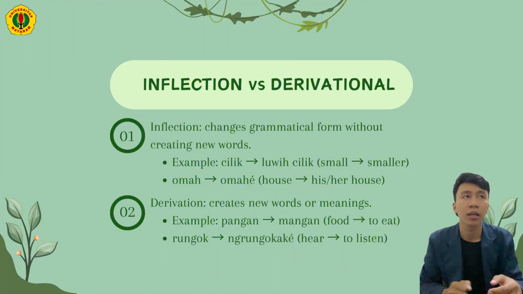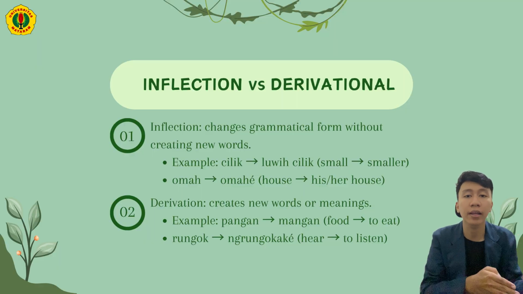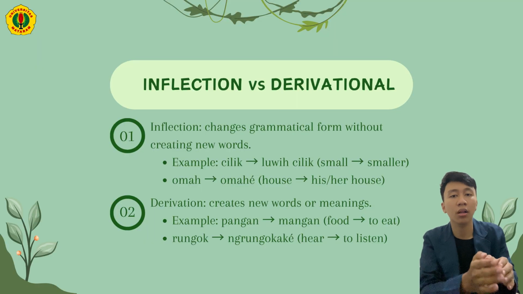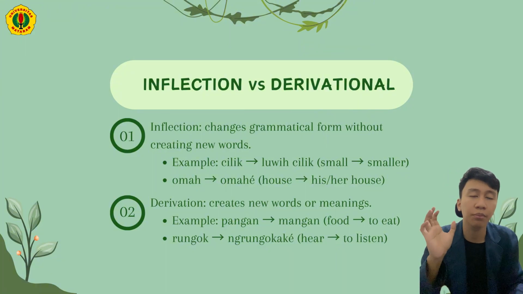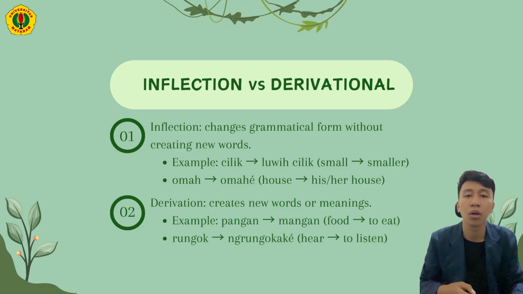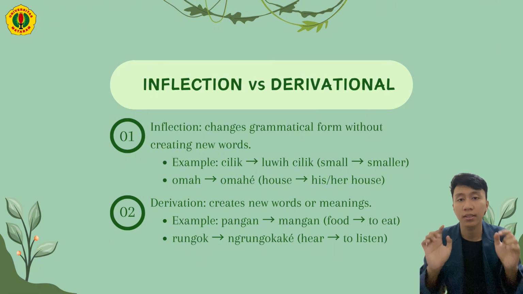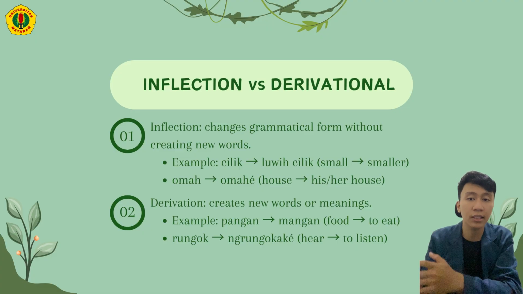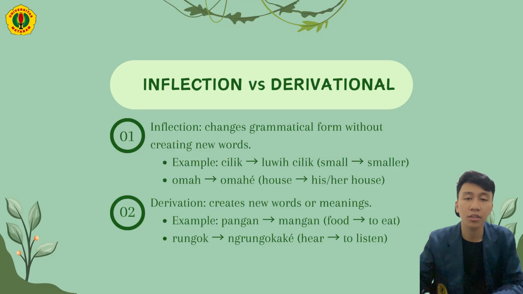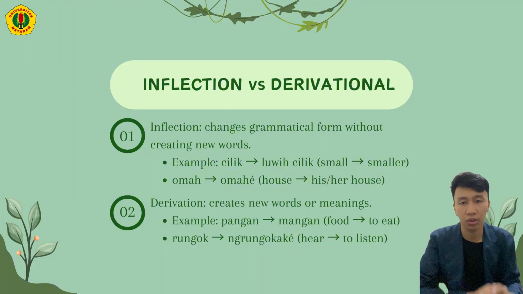And omah means house, and omahe means his or her house. With these examples, we see how Javanese can express grammatical relationships like comparison or possession without creating a completely new word.